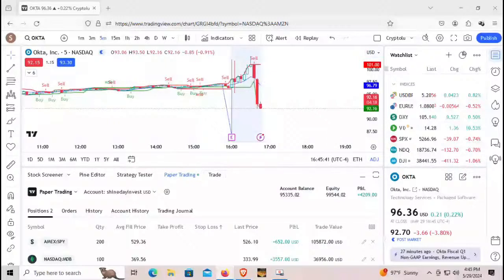But this one on my other account, 226, 225. Well, 17%, 225.